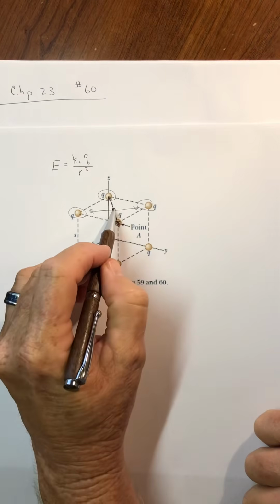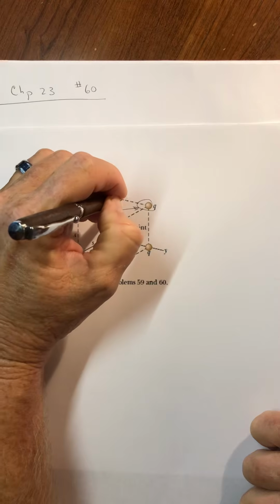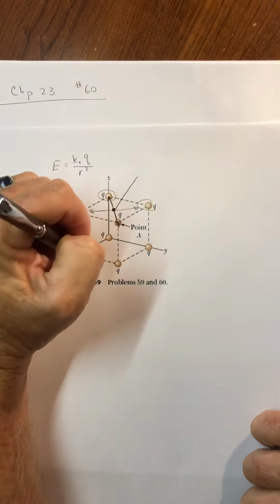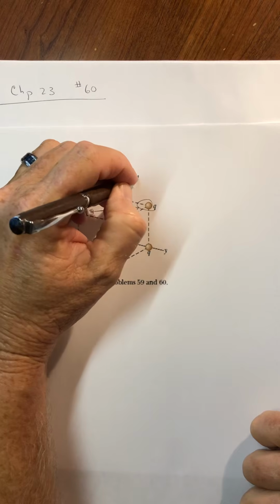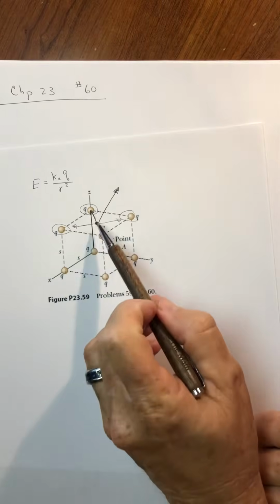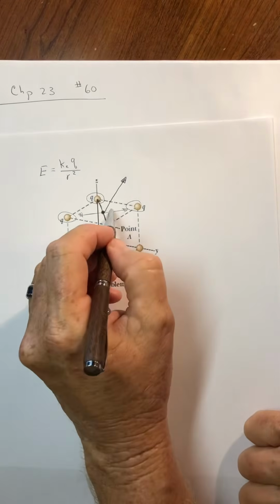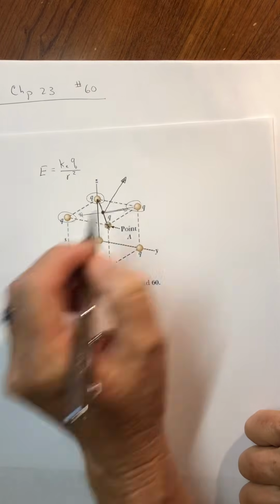And so at this point here, it might be kind of hard to visualize on this flat surface that I'm trying to draw in 3 dimensions, but it would kind of be angled out at some angle directly along that line.